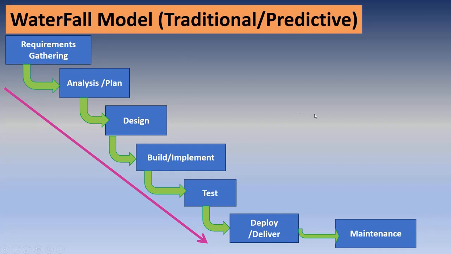For example, if today the client has given the requirement and you didn't involve him in between the phases, and you release this project after 1 year or 2 years, by that time maybe the customer does not need that project at all, or he needs some more changes in it, because the market is changing day by day.